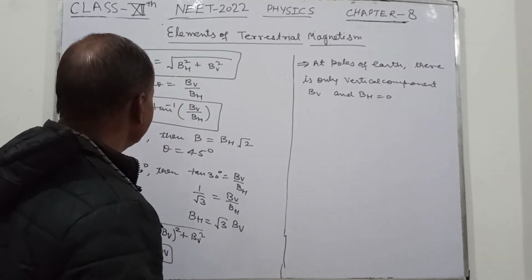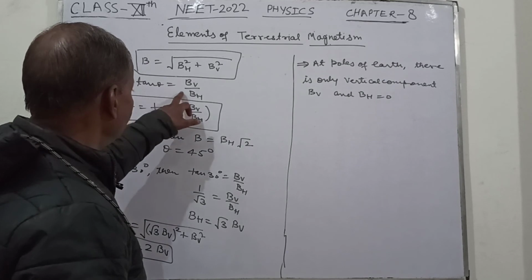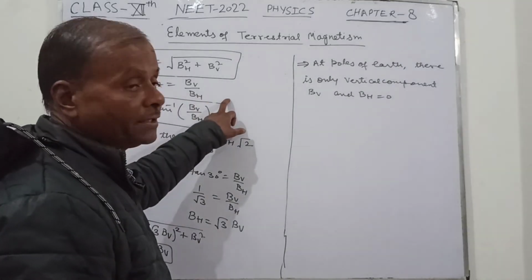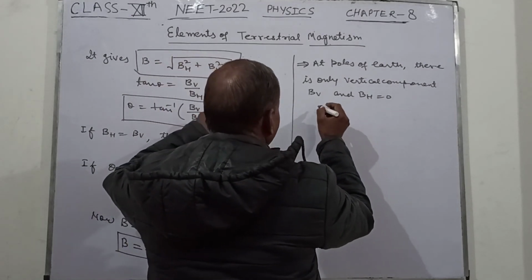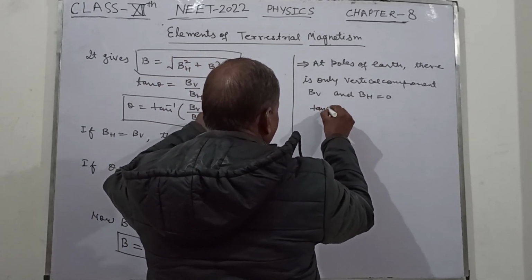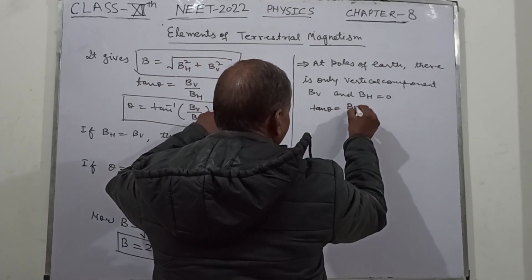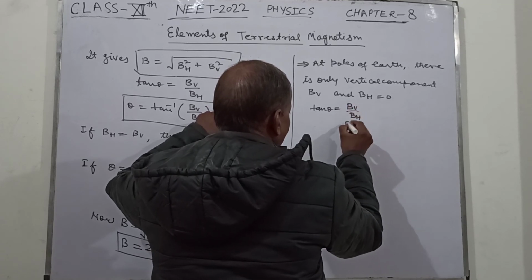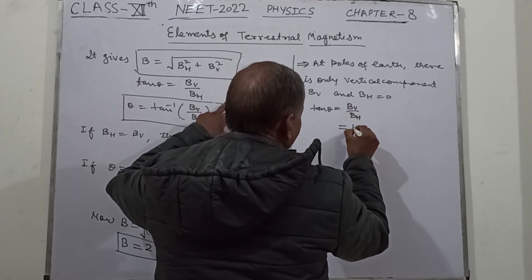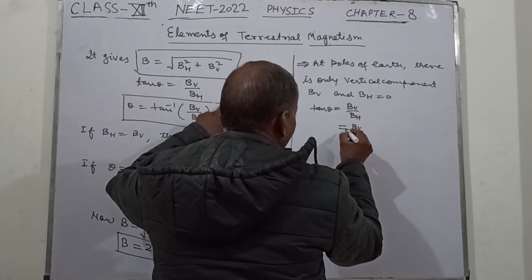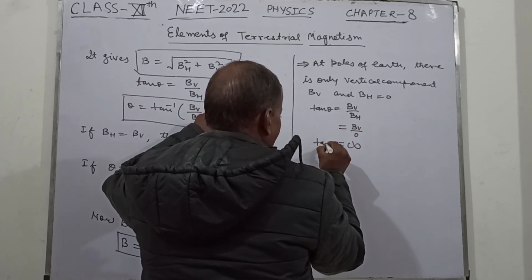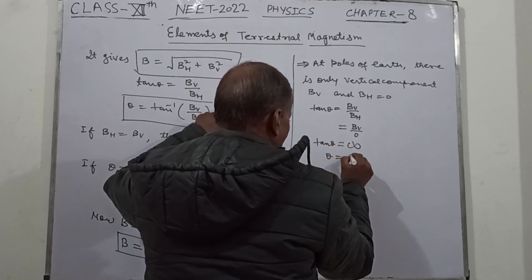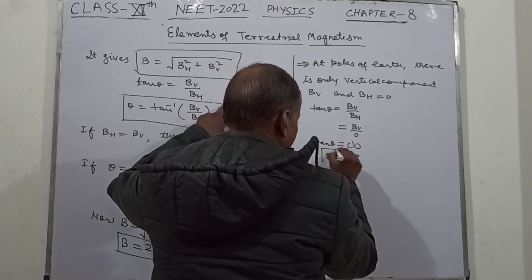So when BH is equal to 0, then tan theta is equal to infinite, so theta equal to 90 degree. You can see that tan theta is equal to BV upon BH, so BH equal to 0 gives infinity for tan theta. So theta equal to 90 degree.